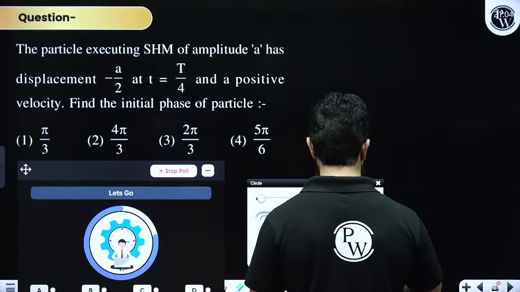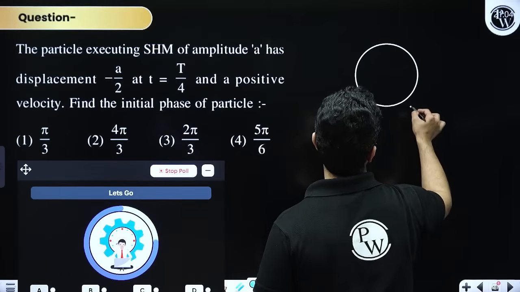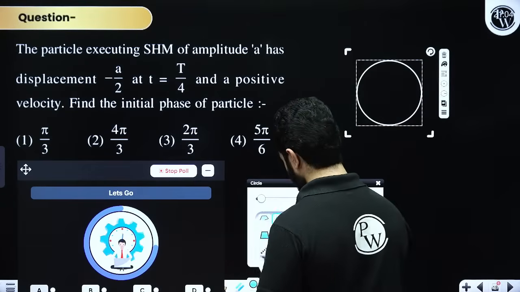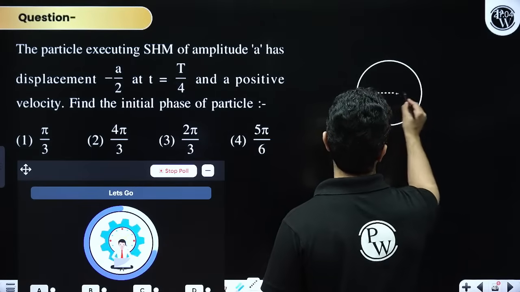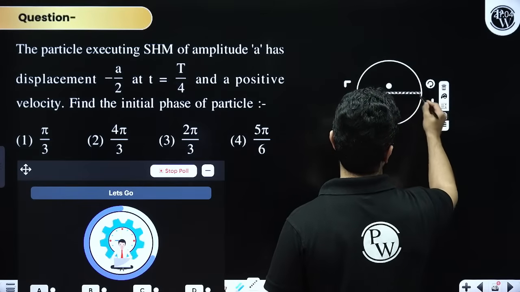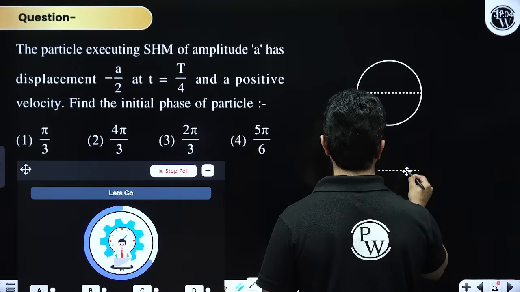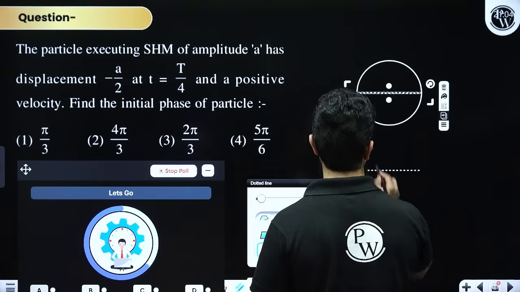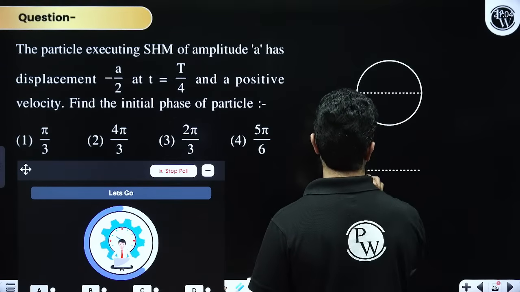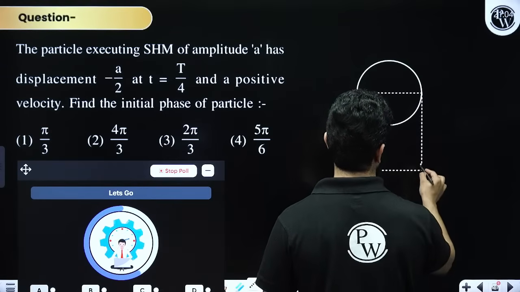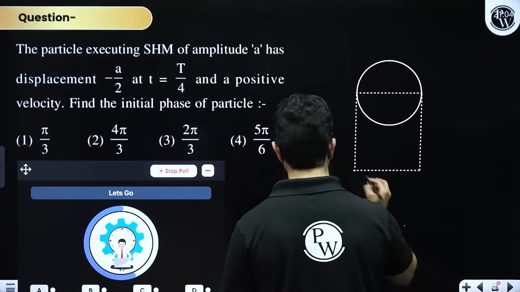I have always said that whenever you want to solve a question of this kind, you can use the projection method. By projection method, I mean suppose we are taking the projection of a circular motion, and that projection will look like SHM.